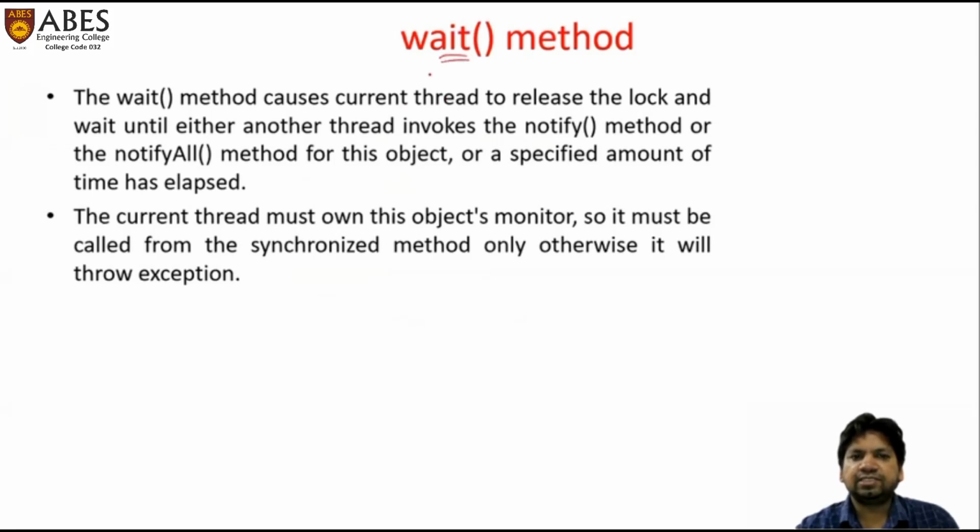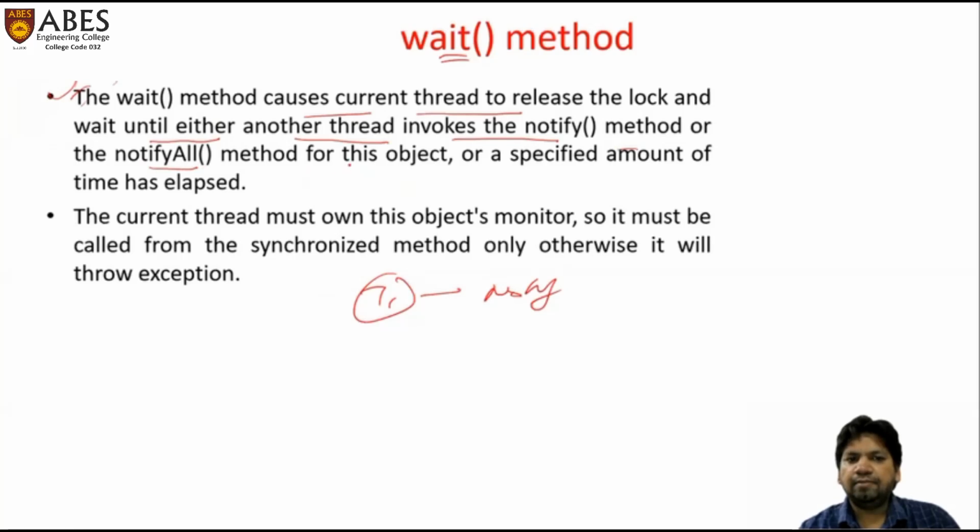The first method we will discuss is wait. The wait method ensures that the current thread releases the lock and waits until another thread invokes the notify method or the notifyAll method for this object, or a specified amount of time has elapsed. एक थ्रेड तब तक वेट करता है जब तक दूसरा वाला उसको नोटिफाई नहीं कर देता.